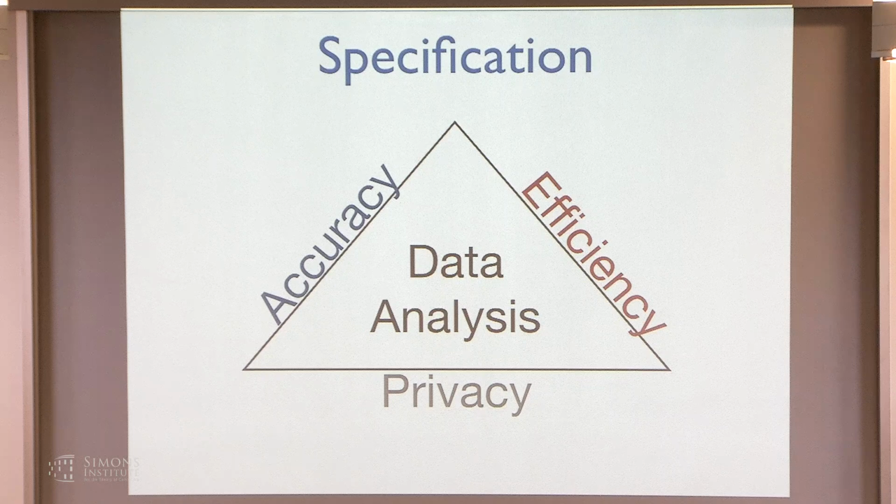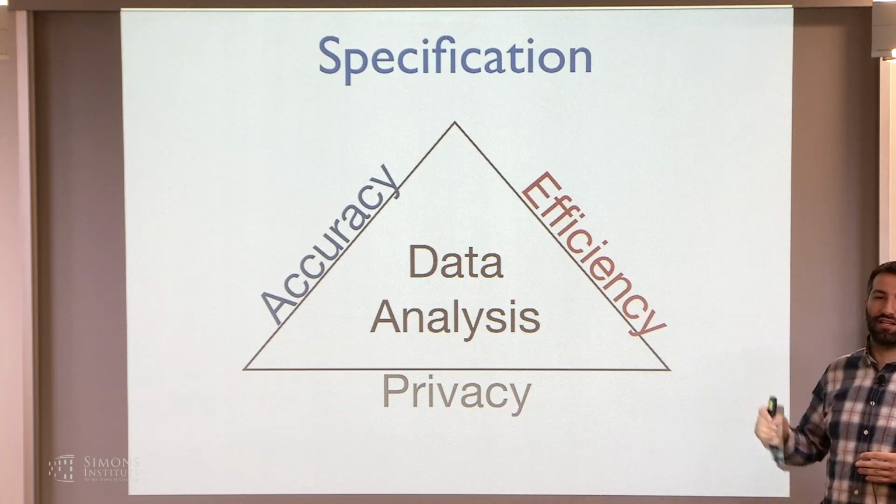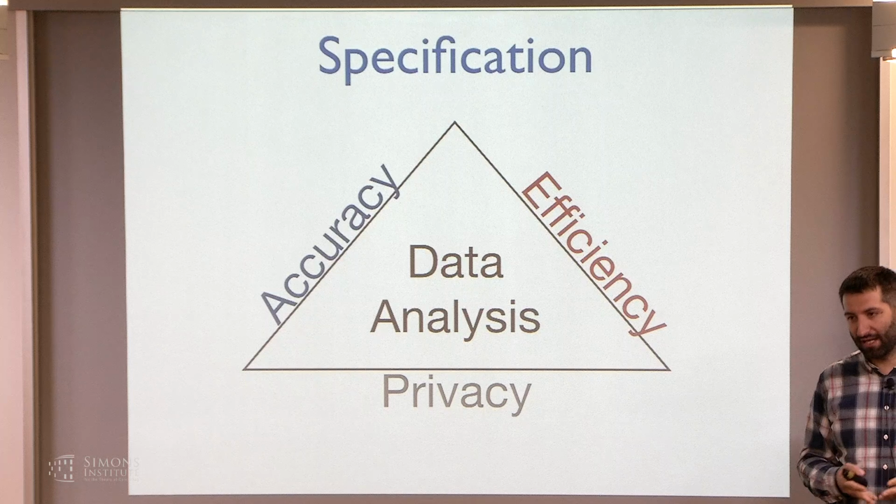One is the accuracy of the analysis, and the other is the efficiency of the analysis. A program that runs in exponential time and is differentially private is perfectly fine, in the sense that it respects the previous definition. But on the other hand, this is probably useless.